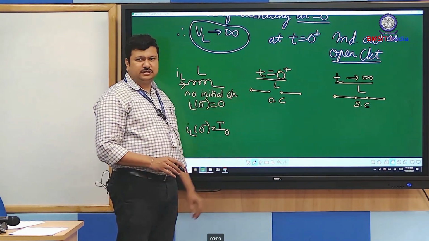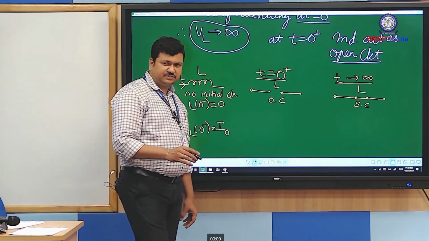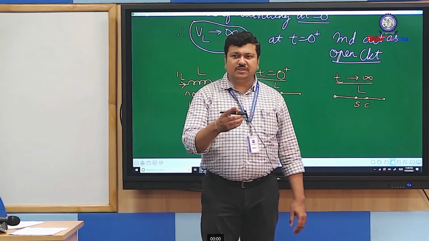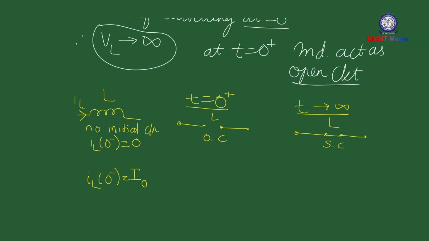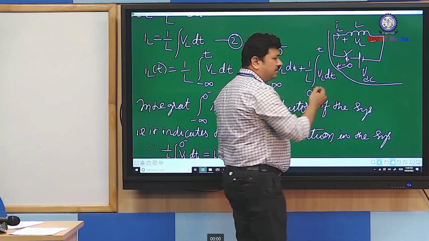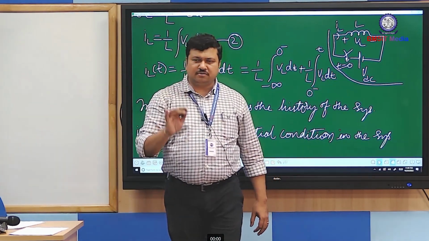Then at t equal to 0 plus, or at the time of switching, or during its initial condition, without application of voltage, go back to this circuit. At t equal to 0 minus means I haven't closed the switch yet.